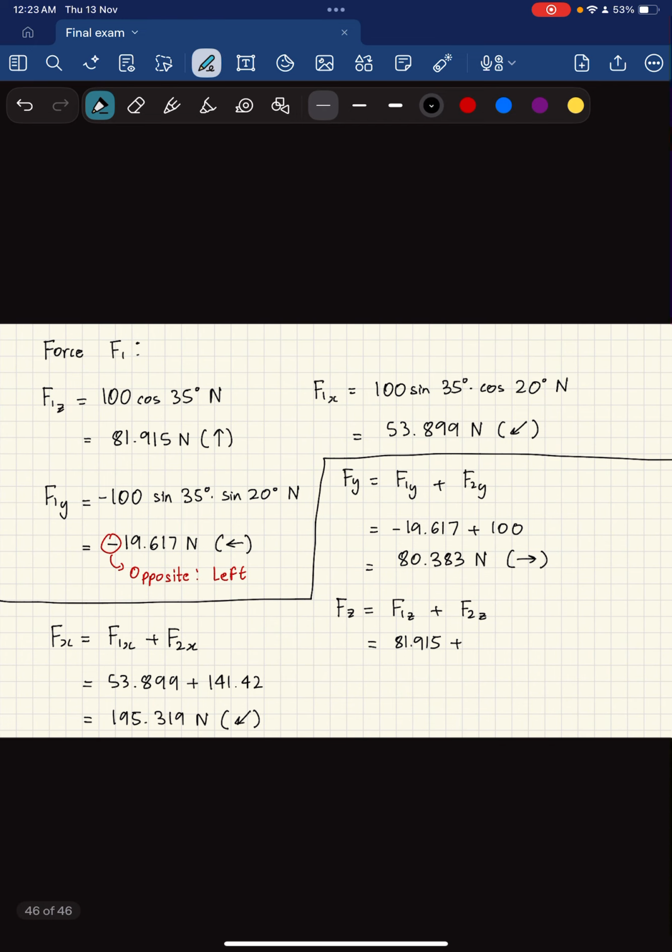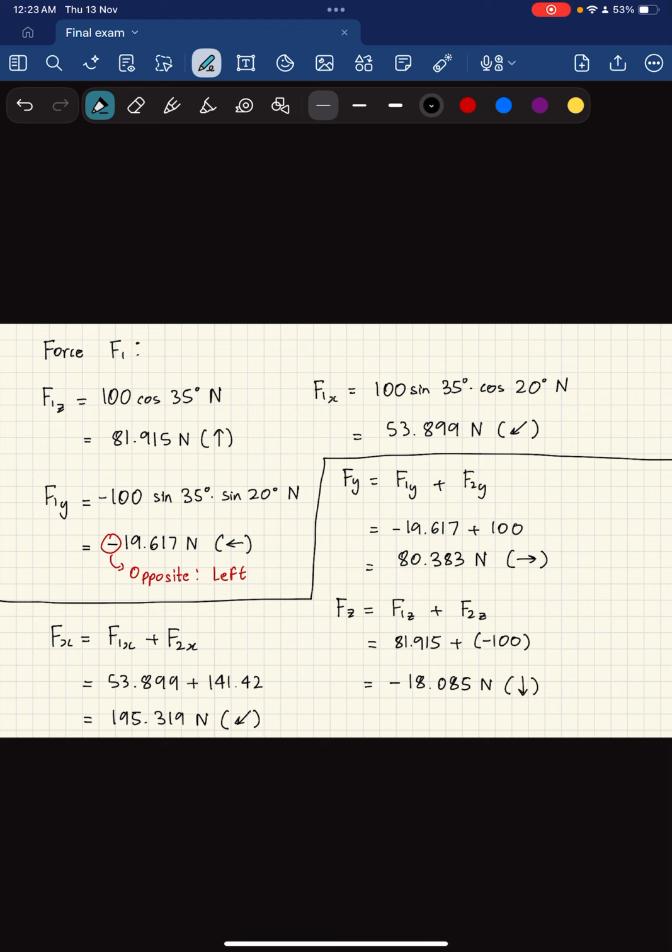So how much do we get? 81.915 minus 100 gives negative 18.085 Newtons. Since it's negative, we know it's going in the negative z-axis direction, which is downwards.